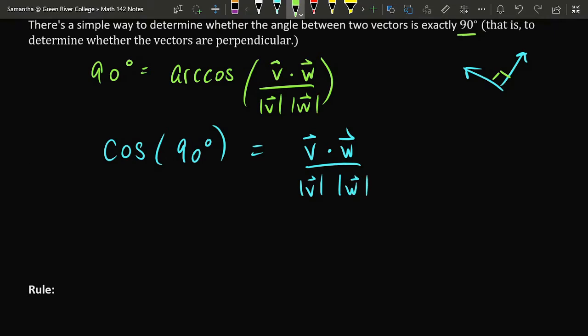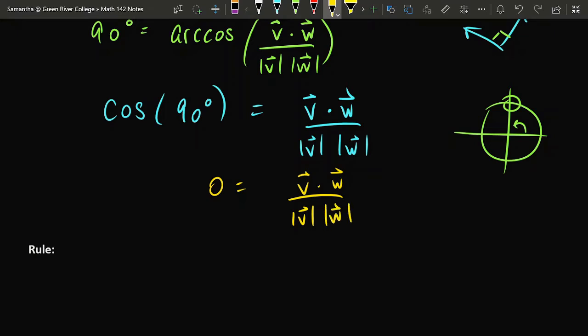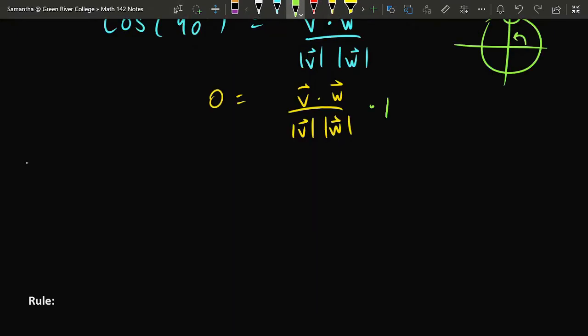Now what is cosine of 90 degrees? 90 degrees is at the very top of the unit circle where the x coordinate is 0. So this would be equivalent to saying that 0 is equal to v dot w divided by length of v and length of w. Let's multiply both sides by the two magnitudes.